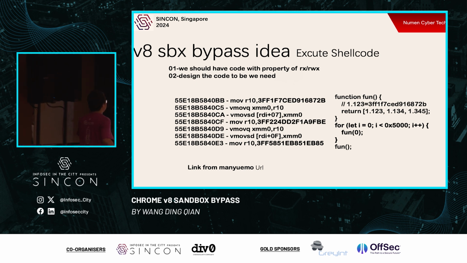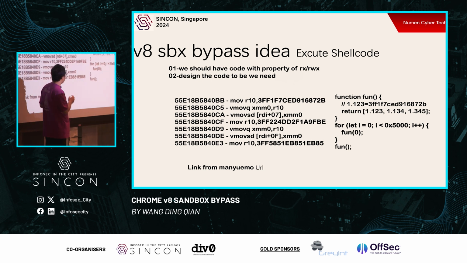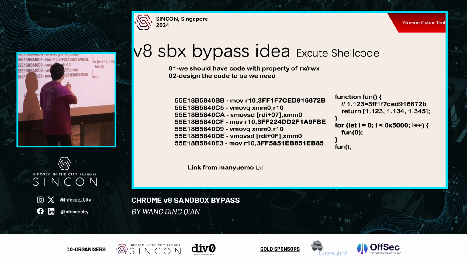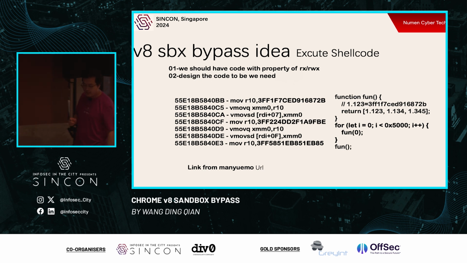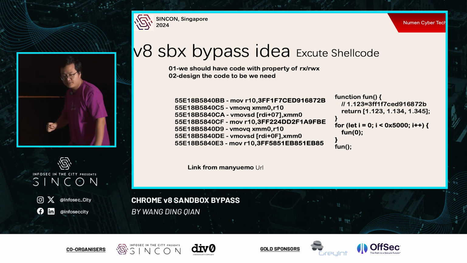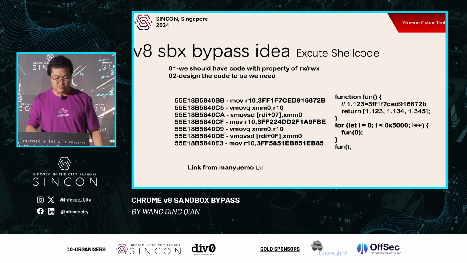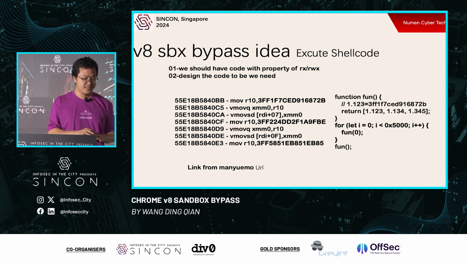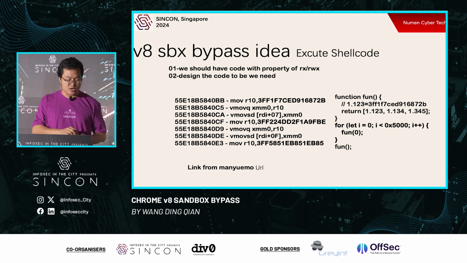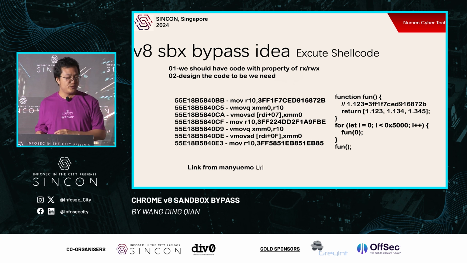After you hijack the process, we have to execute some shellcode, and the shellcode is here. This number is a constant. So after Google patched it, we cannot execute shellcode, because Google moved this number to another memory region.